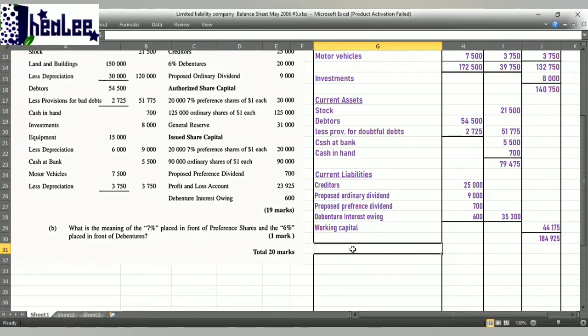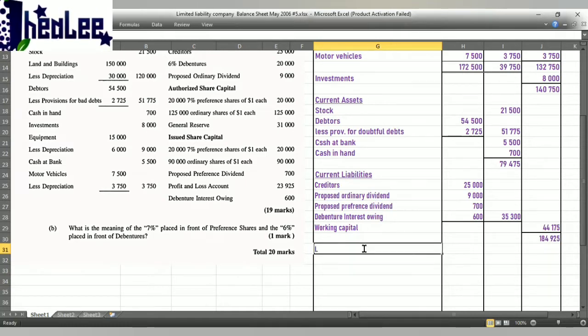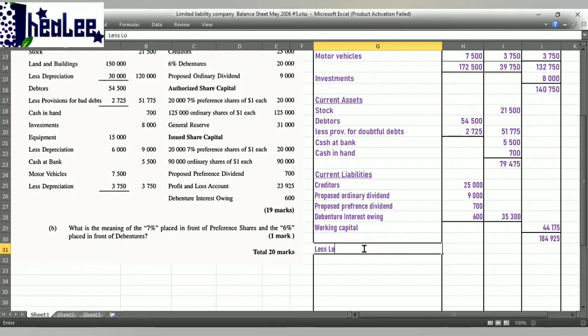So remember, your working capital is added. We have long-term liability, and we're going to subtract that now. So less long-term liability.